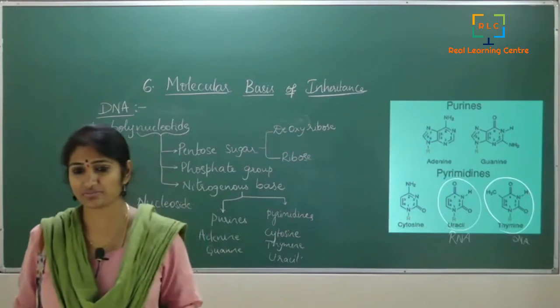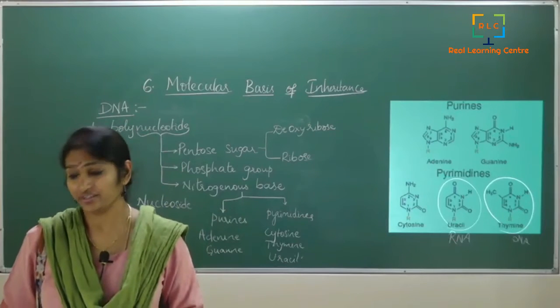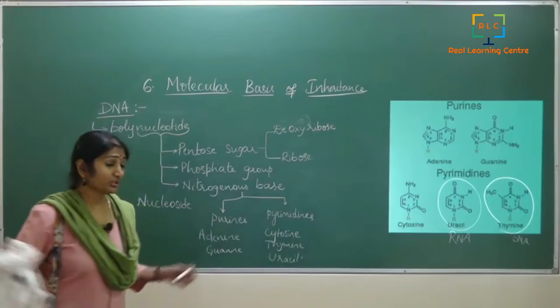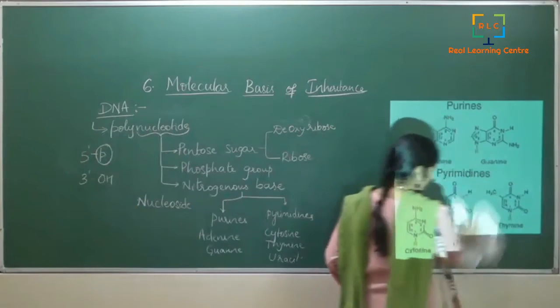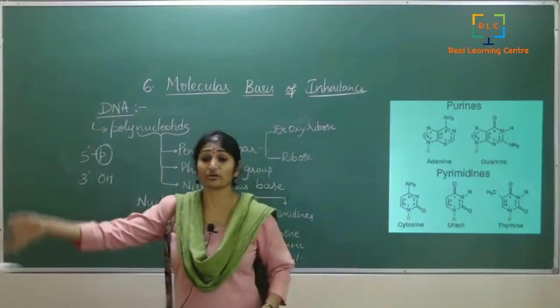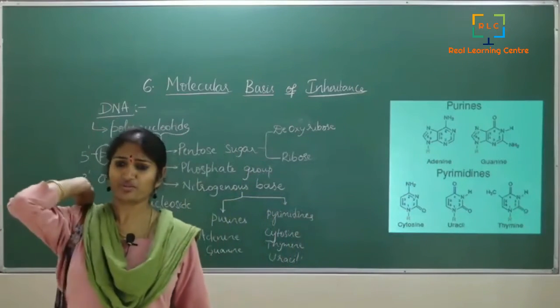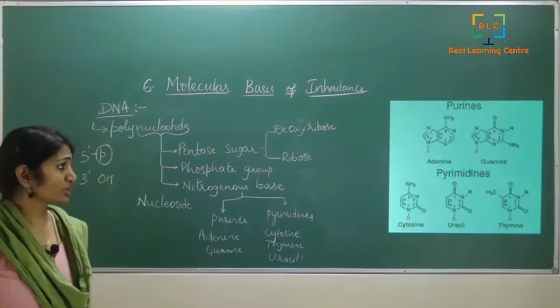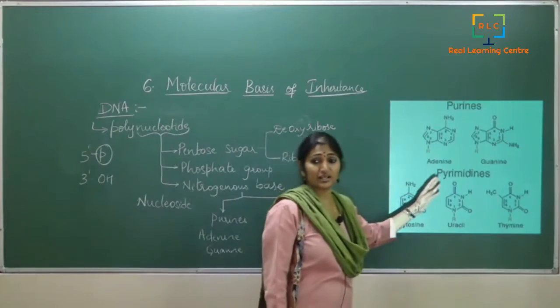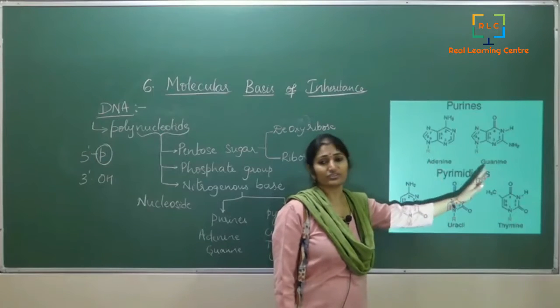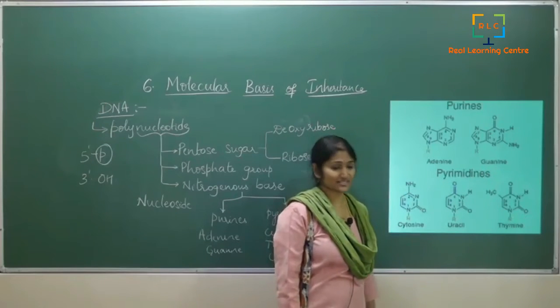So this is something that we see in our nucleotides. Okay, so if I give you a polynucleotide and I ask you to find out if it is a DNA or RNA, you should just look if it has uracil or thymine. Okay, if there is uracil, it is an RNA strand. If it is thymine, it is a DNA strand.